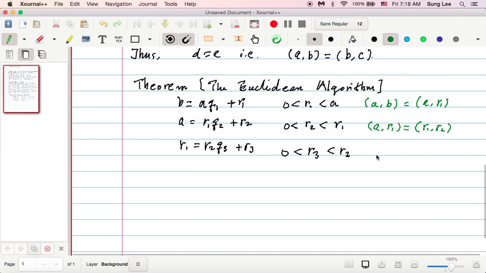So at this step, the greatest common divisor of R1 and R2 equals the greatest common divisor of R2 and R3. Again, finding the GCD of R2 and R3 is easier than finding the GCD of R1 and R2.